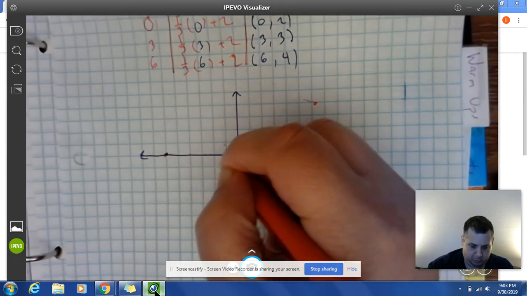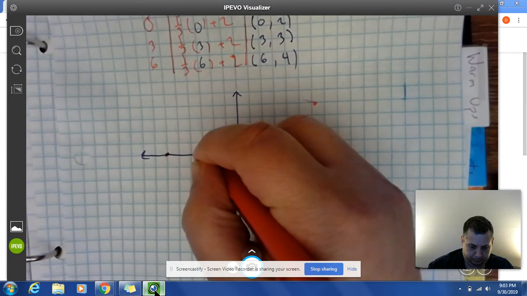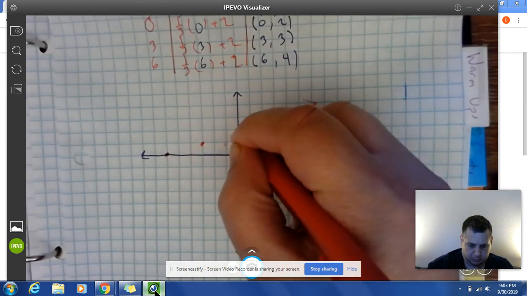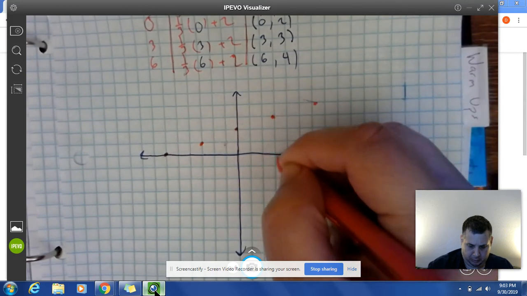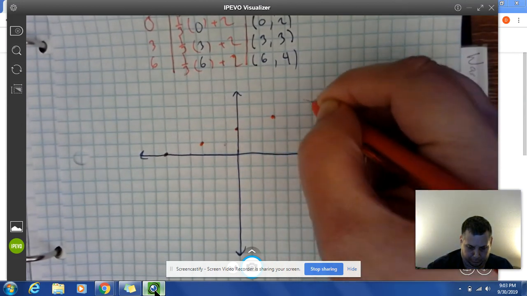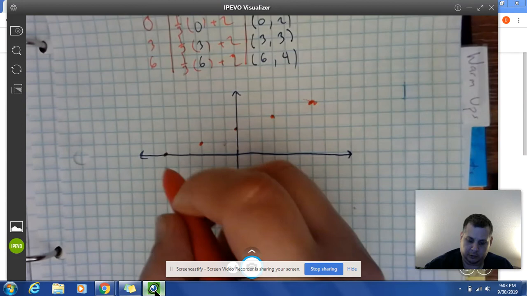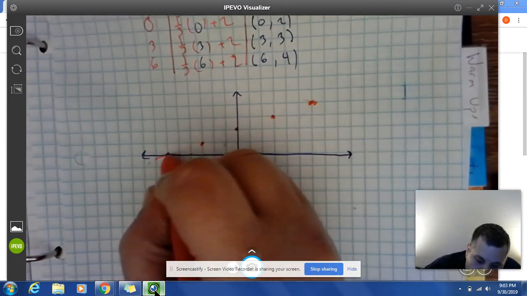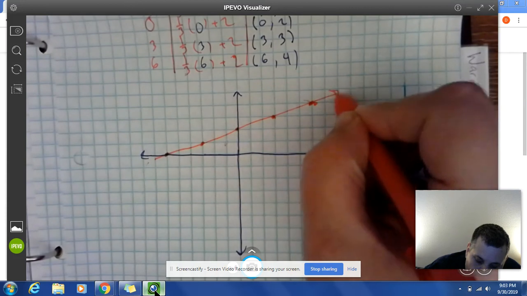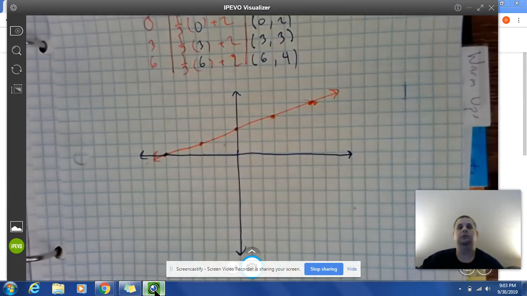And -3, 1. 0, 2. 3, 3. And 6, 4. And there we go. And then we connect them, and now we have the line, and we are graphed. Look at that. Isn't that great?